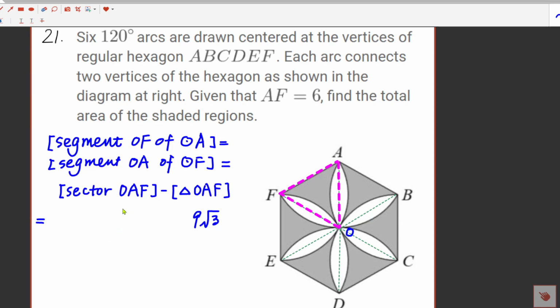And the area of sector OAF is 60 over 360 times pi r squared, which is pi times OA squared.